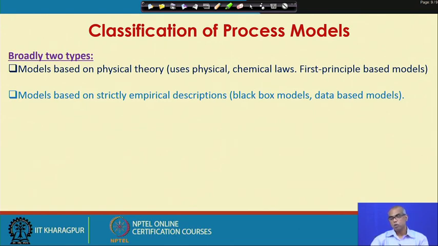Theoretical models are also known as first principle based models. The other type of models are models based on strictly empirical descriptions. They are data based models, also known as black box models. So, theoretical models and empirical models.